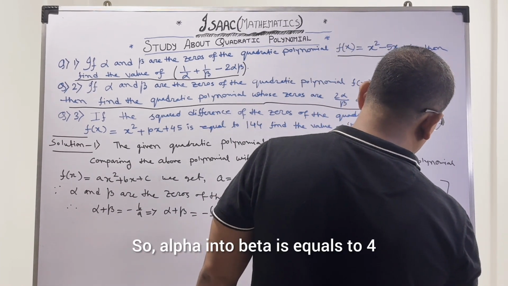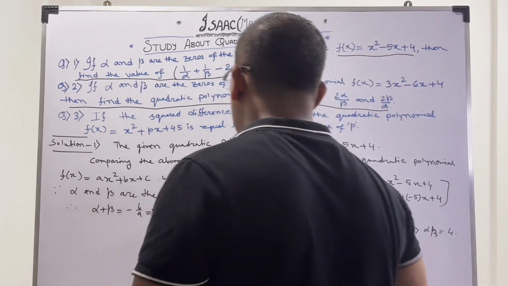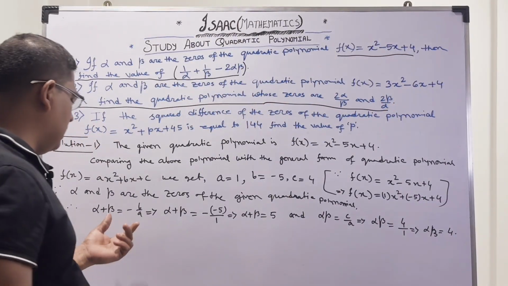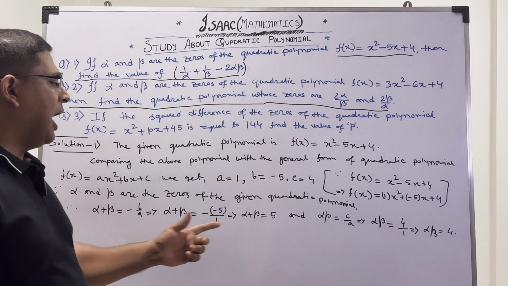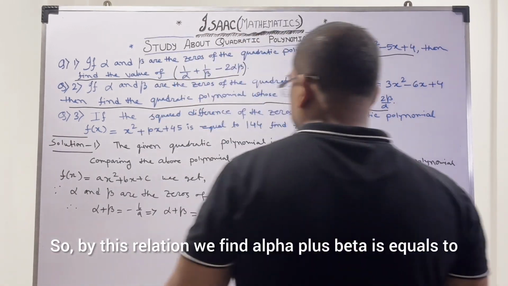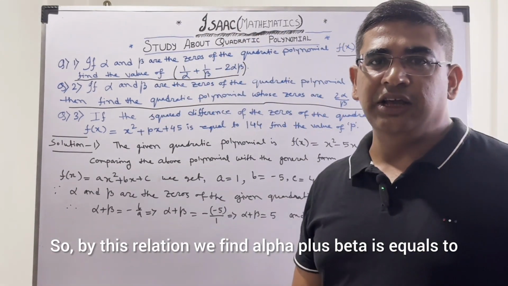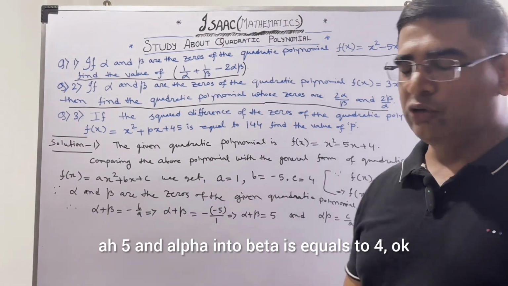So alpha into beta is equal to 4. Okay. Already we learned sum of the zeros is equal to minus b by a and product of the zeros is equal to c by a. So by this relation we find alpha plus beta is equal to 5 and alpha into beta is equal to 4. Okay.